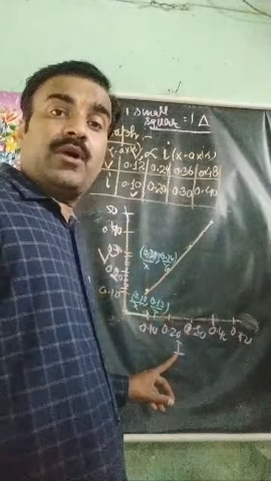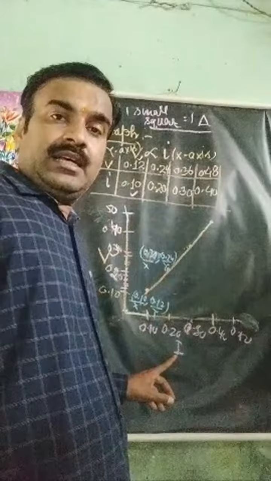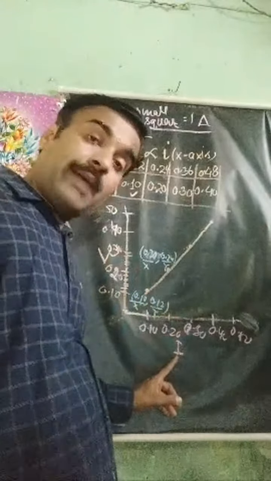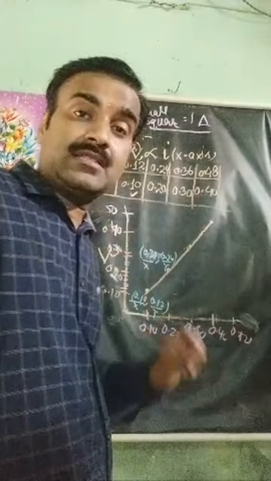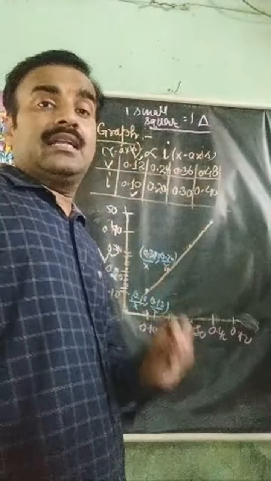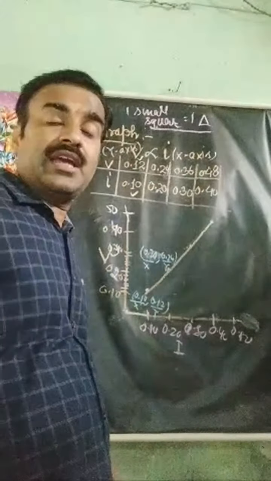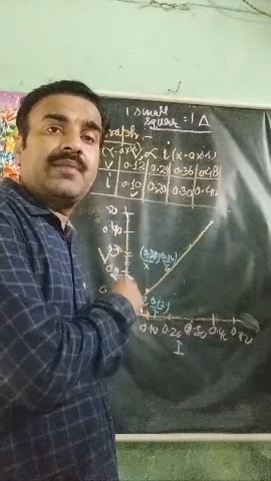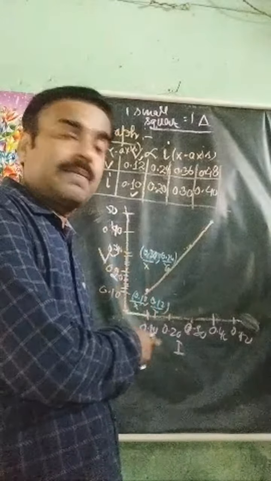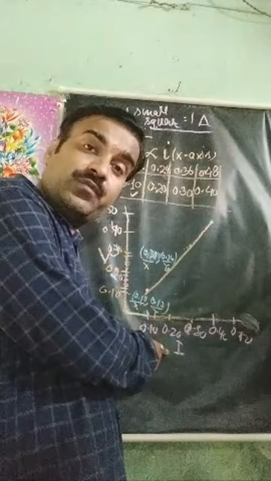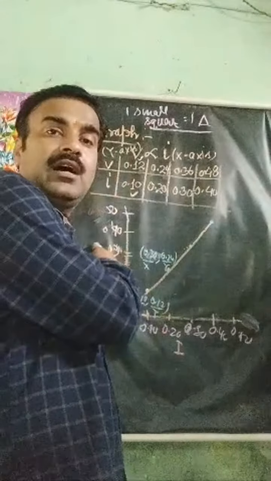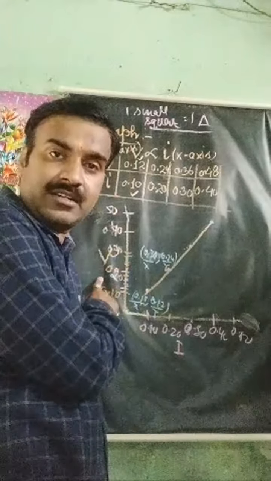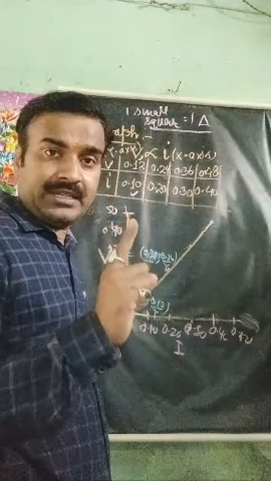These are very important things that students must know. On the x-axis write which physical variable you have taken, on the y-axis which physical variable you have taken, and mention it. First thing, very important thing.